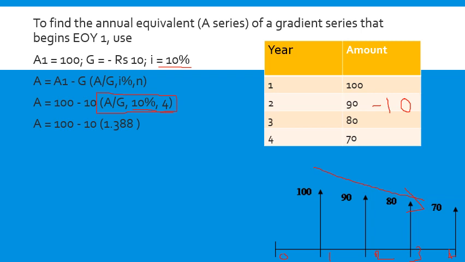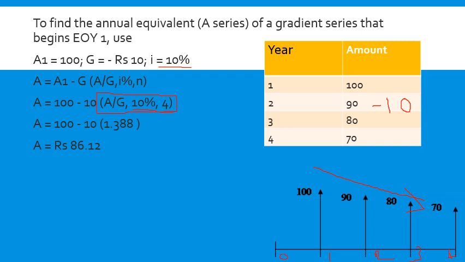Once you get that 1.388, substitute that value. Now you got the value of A is equal to 86.12. What is this 86.12? This is the uniform series of payments of this gradient factor. Earlier it was decreasing by 10 rupees every year.